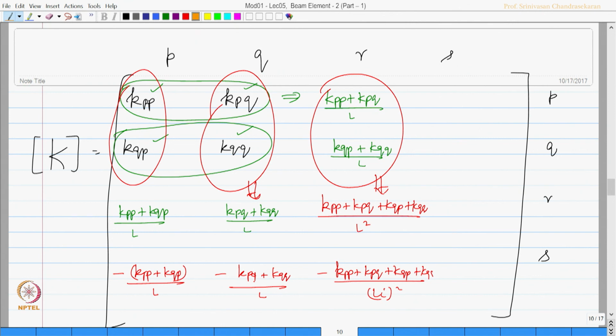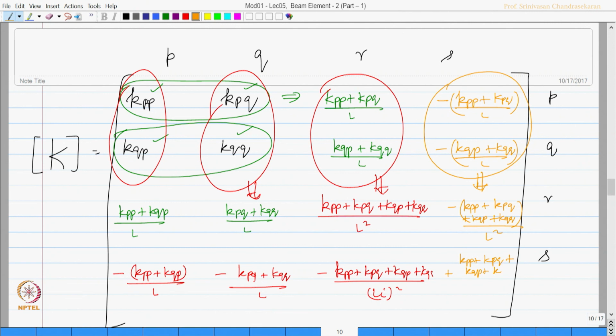The fourth will be the same value with a negative sign, that is minus of K P P plus K Q P by L, minus of K Q P plus K Q Q by L. Then this value will be the sum of these two by L. This will be plus of this value, which is K P P, K P Q, K Q P, K Q Q by L square.